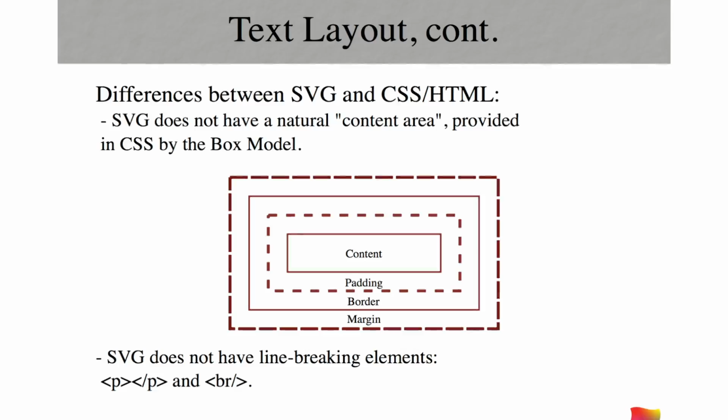Now, the differences between SVG and CSS HTML is that SVG doesn't have a natural content area, which is provided in CSS by the box model. So we need to have some way of getting a place to put the text. Also, SVG doesn't have line breaking elements.